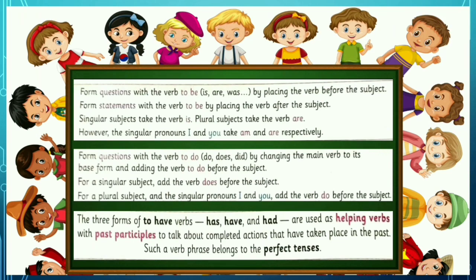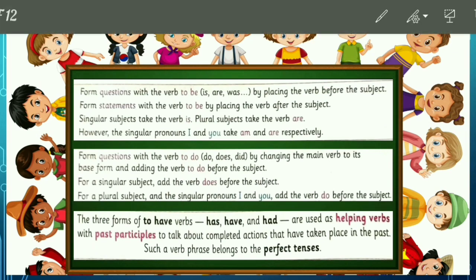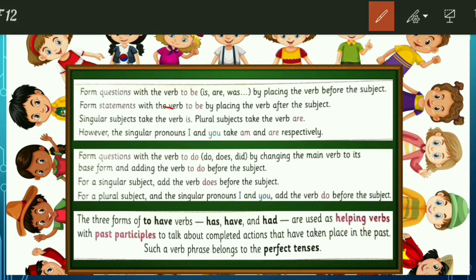So here, look here. First, to be verbs. Here you can see is, am, are, was, were, be, been, being. These are called to be verbs. And next one, to do verbs.